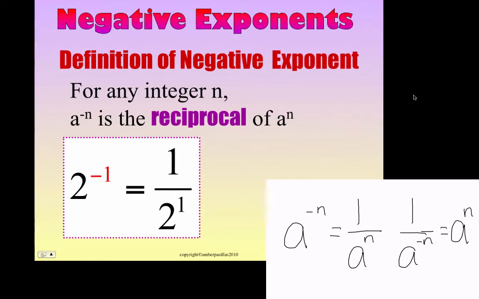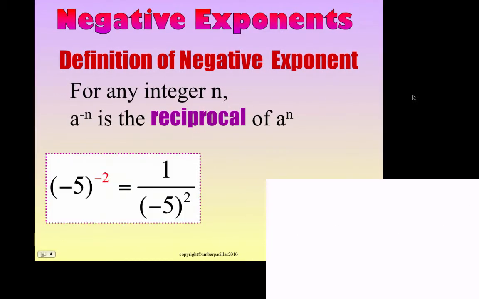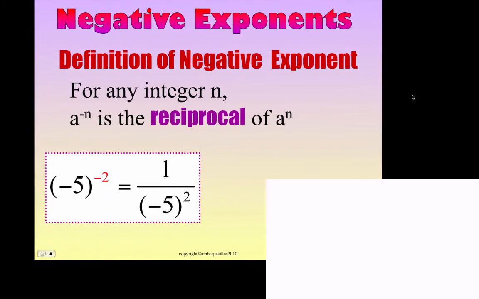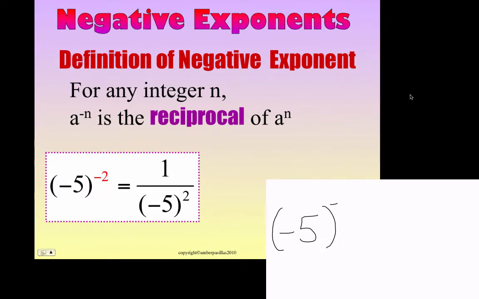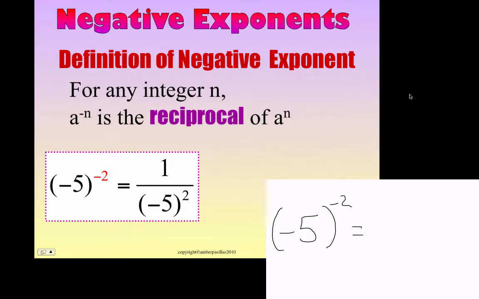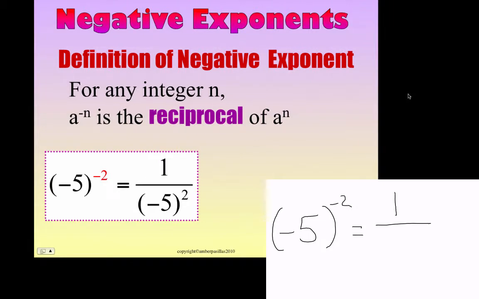So this is the example we started with. Now check this out. Remember, the rule of exponents is the exponent only applies to what it's immediately touching. So here, this negative 2 is actually touching the parentheses, so it's going to apply to the entire negative 5.